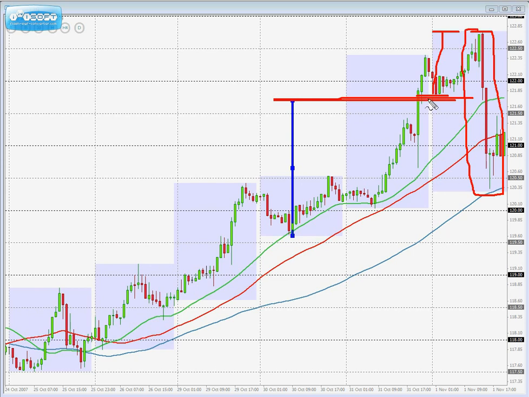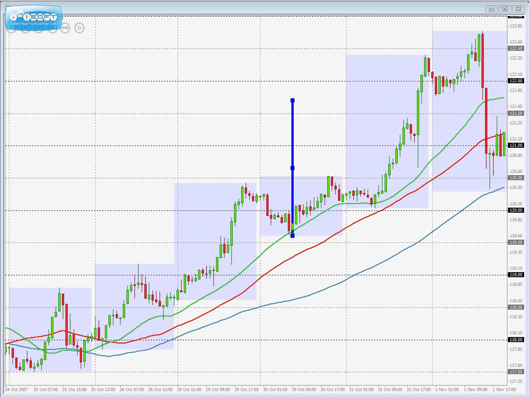At the end of the day, once the market realizes that we are in overbought levels, someone might be willing to take some money, cash in some positions, close down some trades, and therefore price retraces back down very heavily.